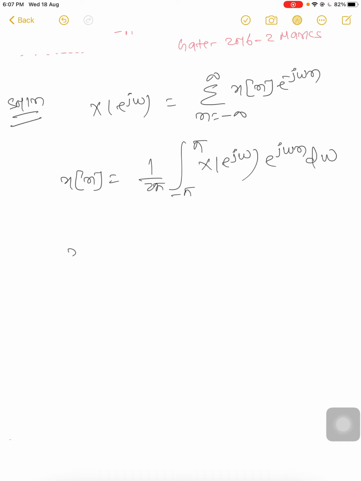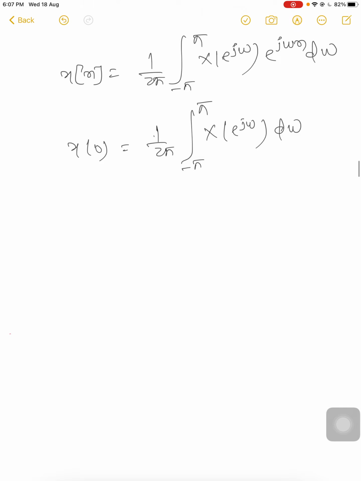This one is the formula only. Then x[0] is equal to 1 upon 2 pi, integral from minus pi to pi, e to the power j 0 is equal to 1, X(e to the j omega) d omega.